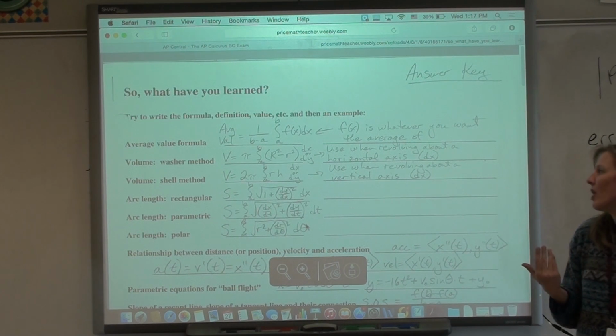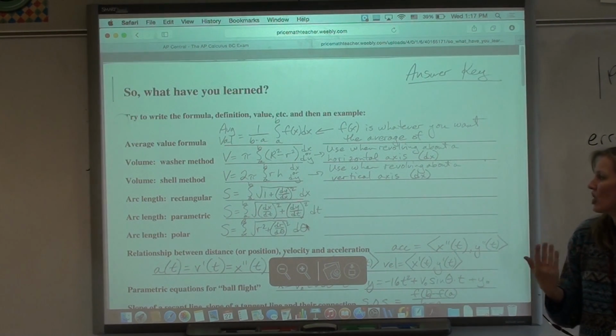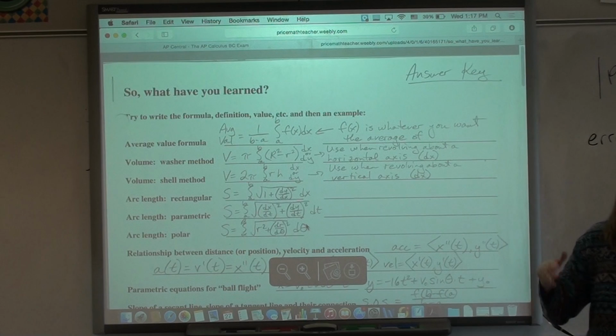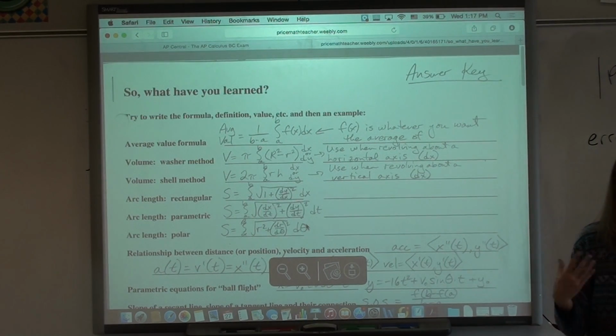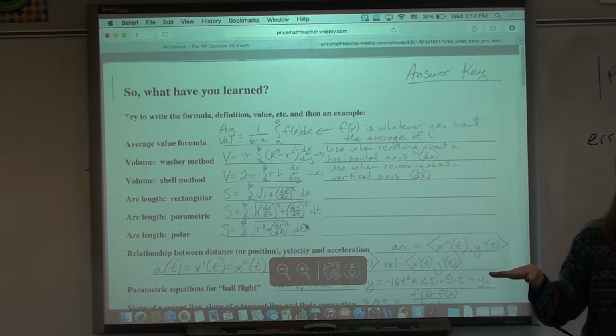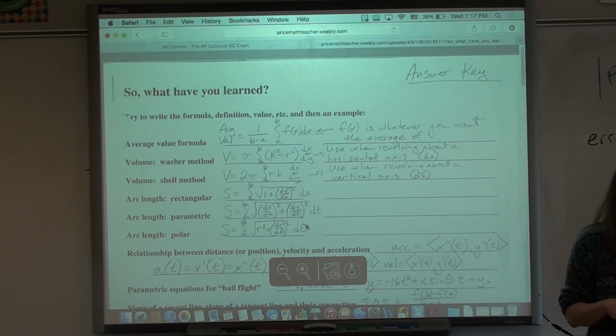All right, washer method, shell method. I have always done washer for a dx, or horizontal axis, and shell method for vertical axis. But yesterday after school, I had the fun time of doing a shell method horizontal axis. I really needed to brush up on my shell method horizontal axis skills. You don't usually encounter problems where they force it, but they forced it on this one. It was in the multiple choice, right?